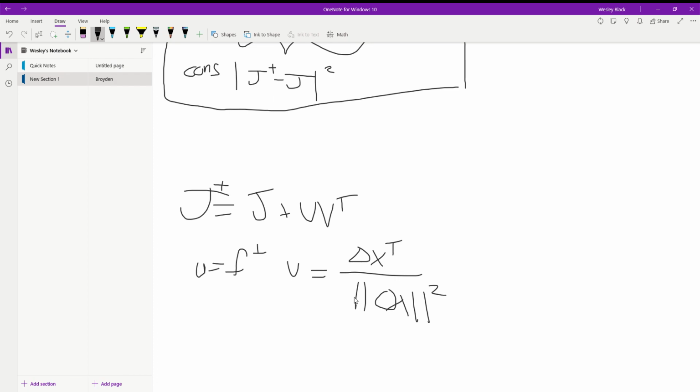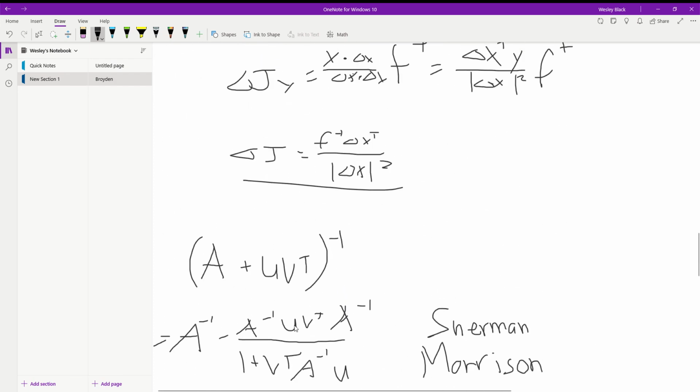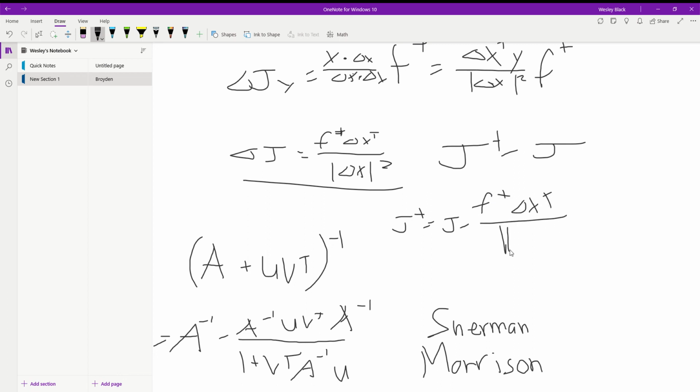With these two things, they plug back into this equation, because that's how that then becomes F plus. It is two things, because that delta J is really just a fun way of writing J plus minus J, which then of course means J plus is going to be equal to J minus F plus delta x transpose over delta x norm squared, and that translates into those things.